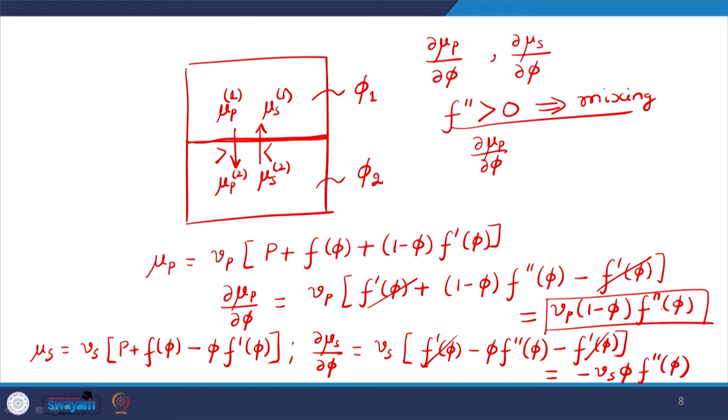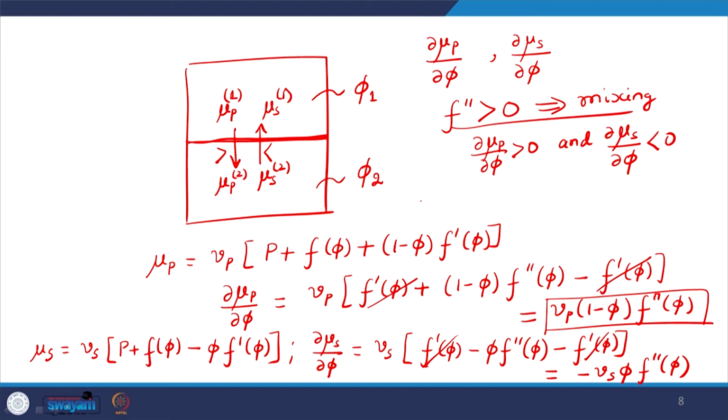So if f'' is positive, then ∂μp/∂φ is also positive, and ∂μs/∂φ is going to be negative because we had a negative sign.